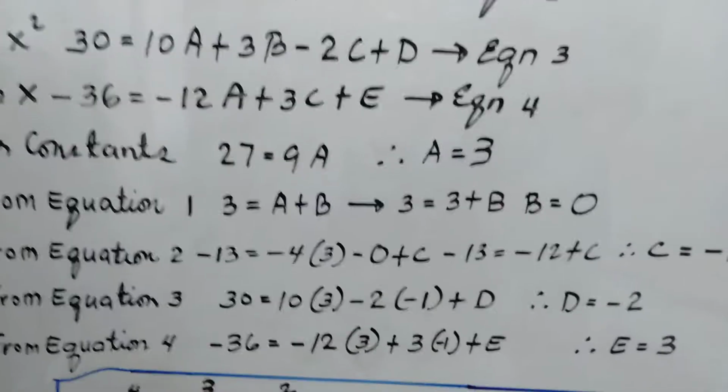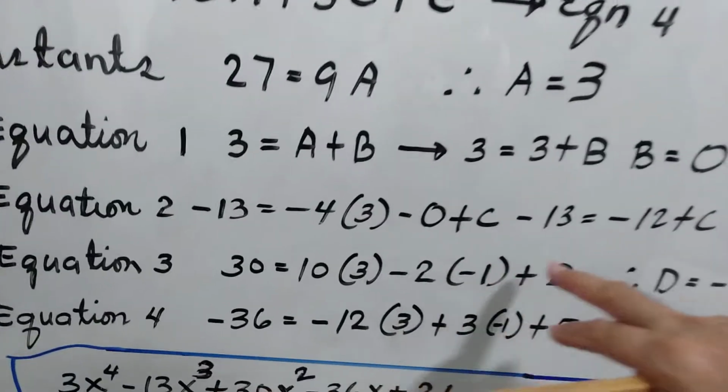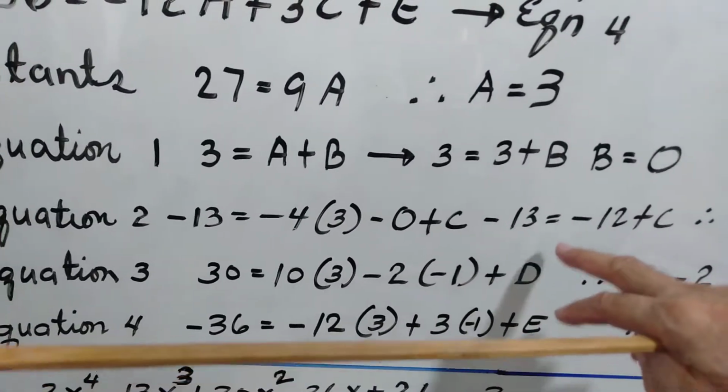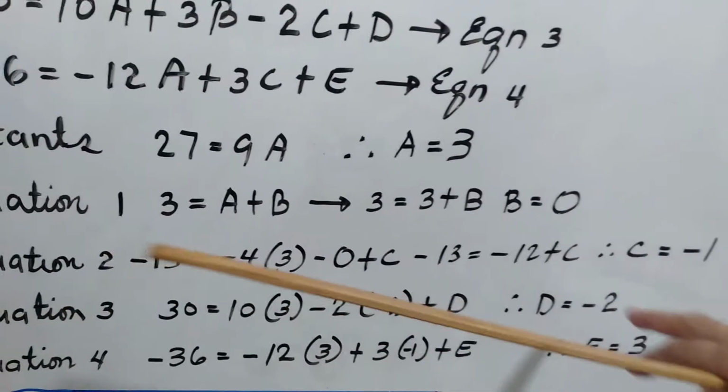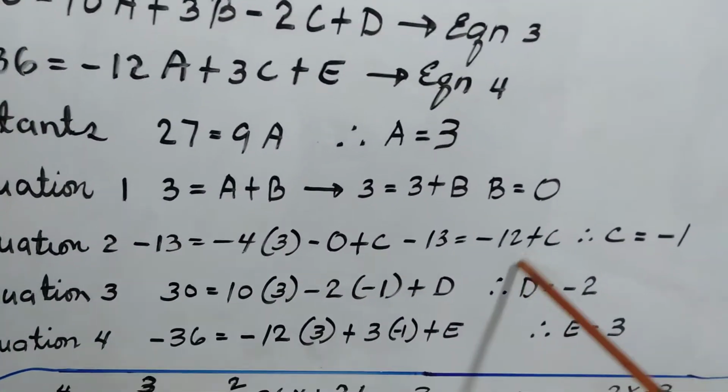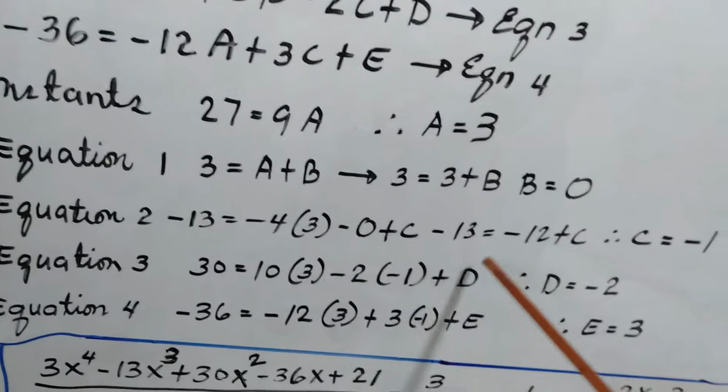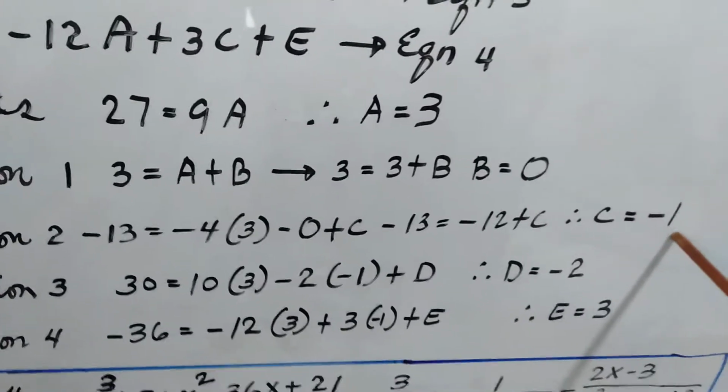So we can get the value of c: negative 13 is equal to negative 12 plus c. Therefore, we transpose 12, it becomes positive, so c is negative 1.